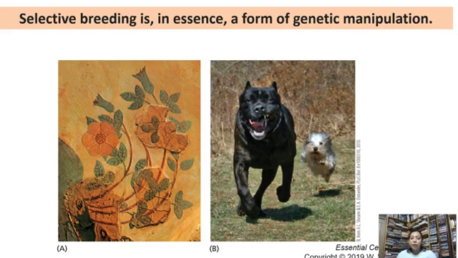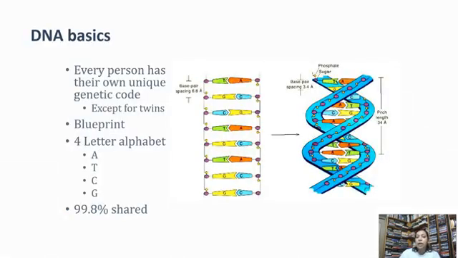Because over time you can artificially increase the allele frequencies of those particular characteristics that we find favorable for whatever reason. However, another way to do this type of genetic manipulation is to actually introduce the actual gene sequence and make those changes that we want to make in there as well.